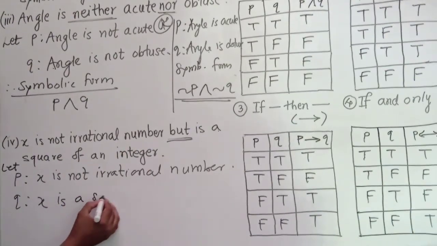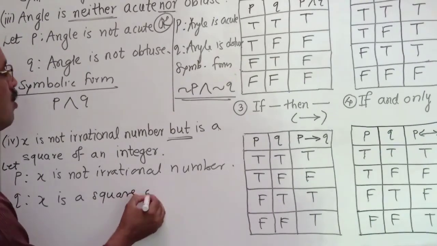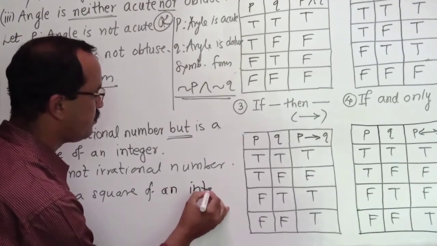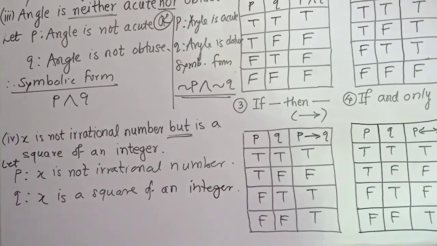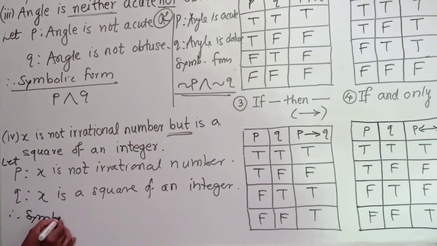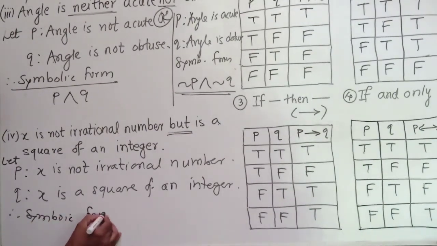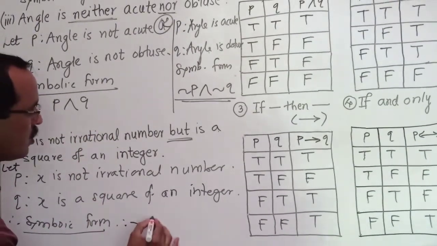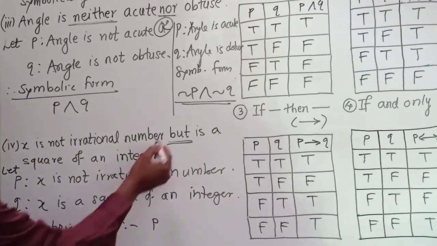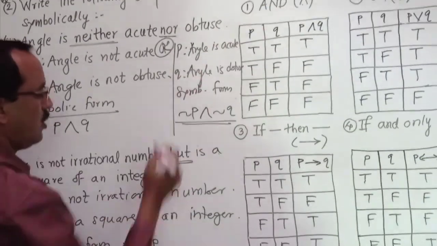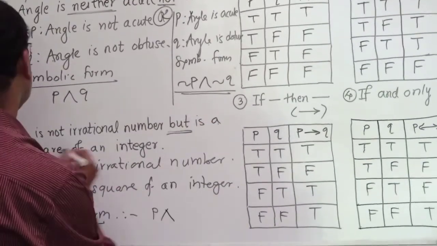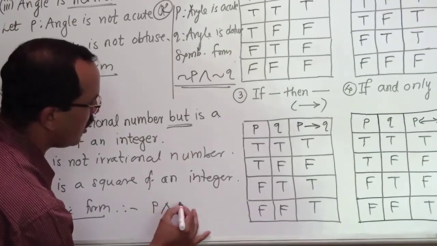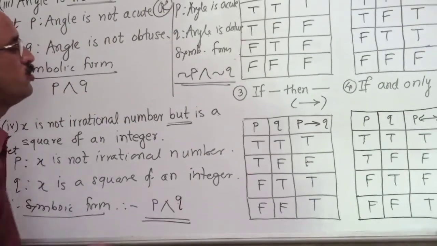Therefore, the symbolic form is: first statement, X is not an irrational number, means P. But we use the symbol and. So and X is a square of an integer. Therefore the symbolic form is P and Q.